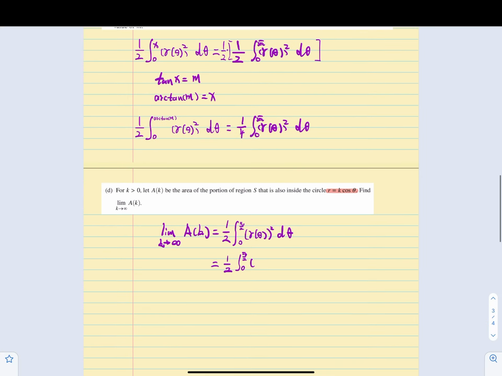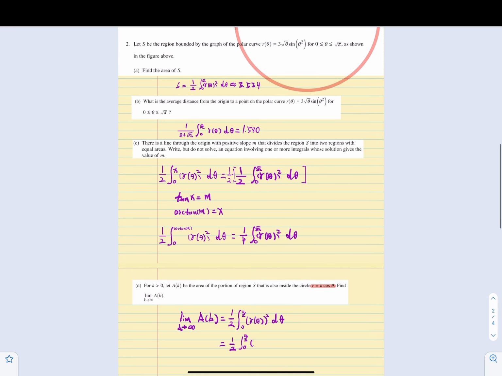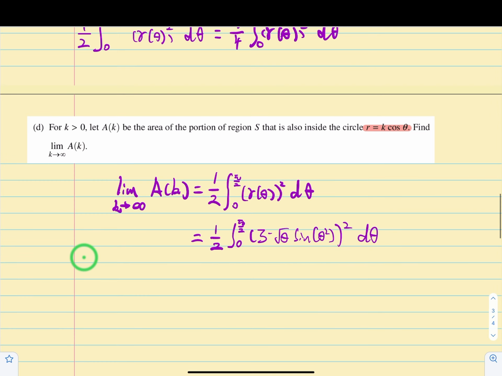And we can copy this down. We copy our function: 3 multiplied by the square root of theta, multiplied by sine theta squared, all squared d theta. Then we put this equation into our calculator.